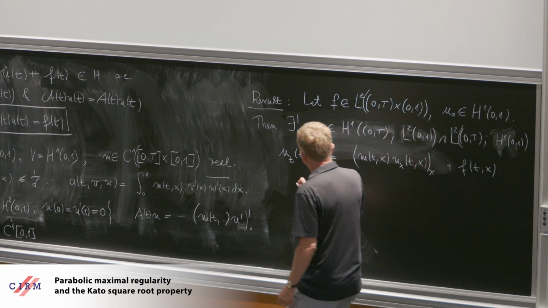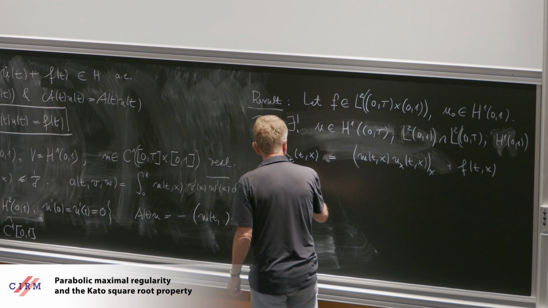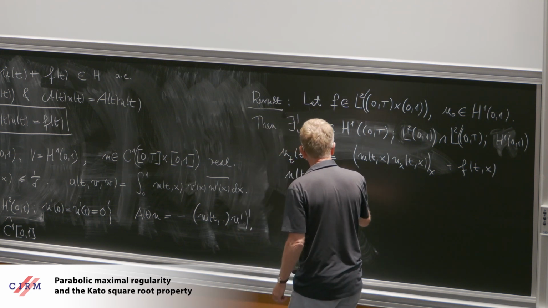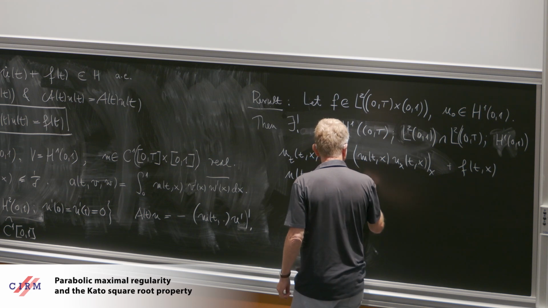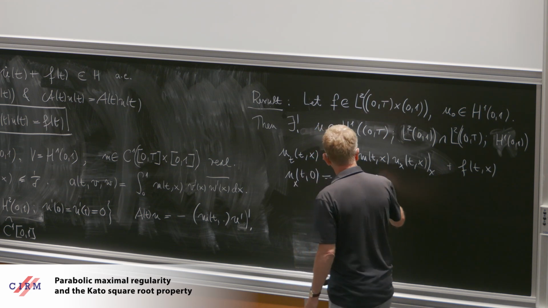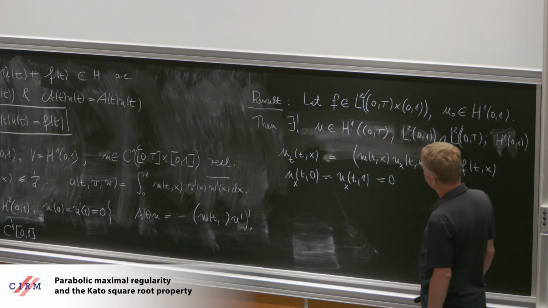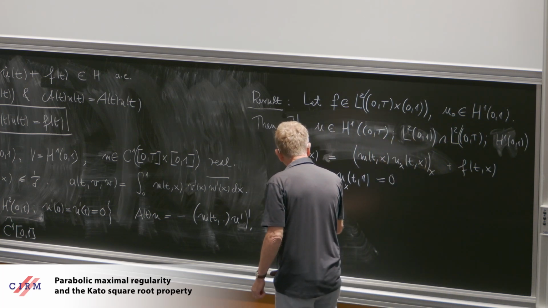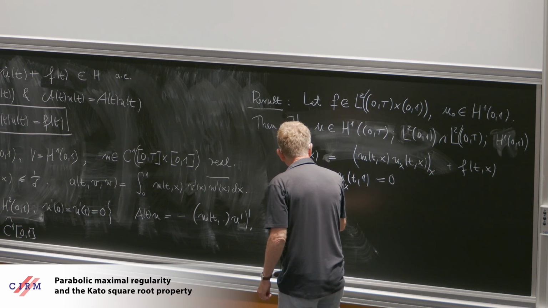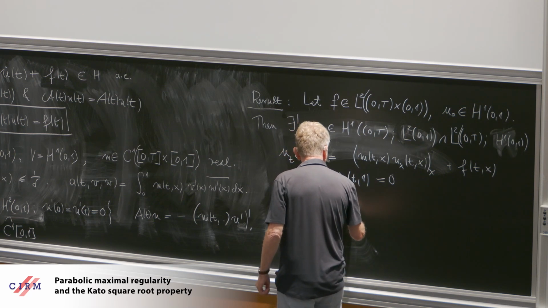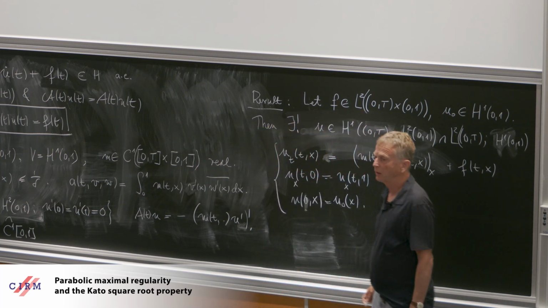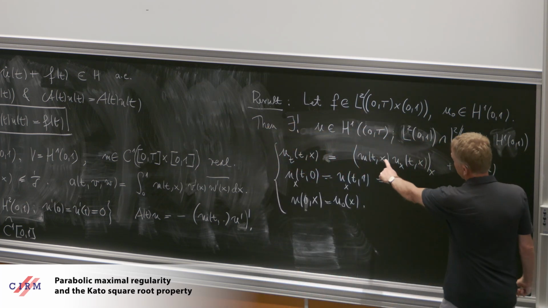We have Neumann boundary conditions, so the derivative with respect to x is equal to 0. These are Neumann boundary conditions. And finally, we have the initial value, this is u0 of x. So we solved this parabolic problem, which depends on time.